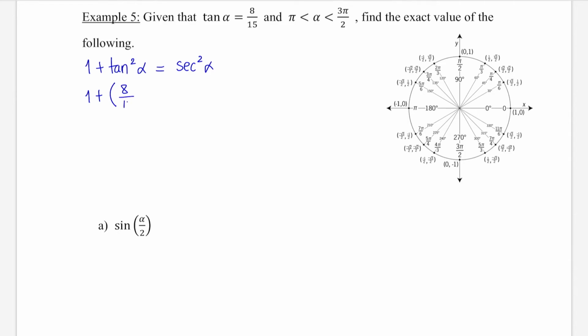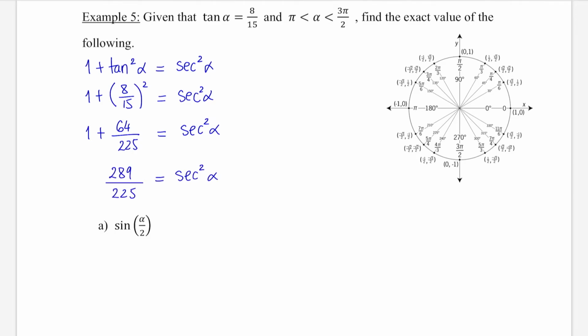Tangent is 8 over 15, I substitute that in. 8 over 15 squared is 64 over 225. 1 plus 64 over 225 is 289 over 225. And to find secant of alpha, I'll take the square root on both sides. And don't forget plus or minus.